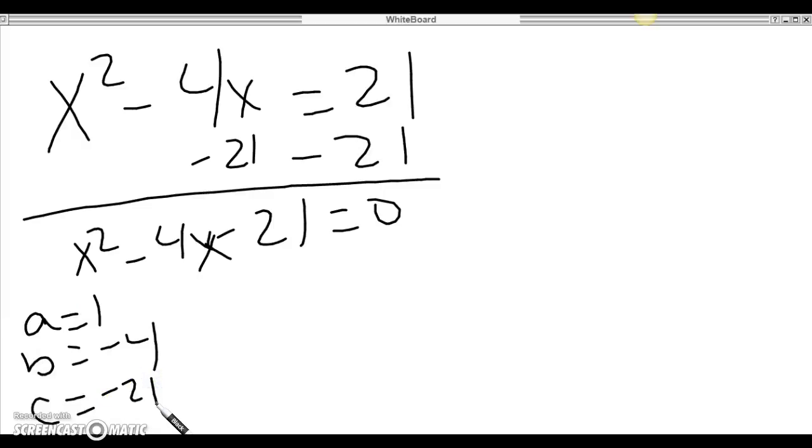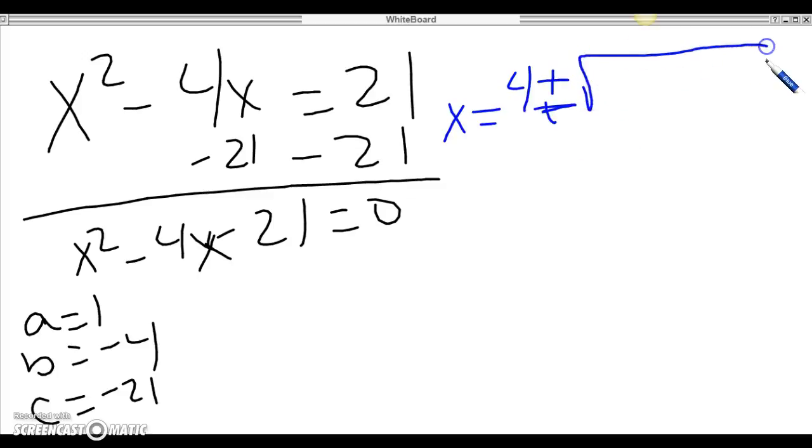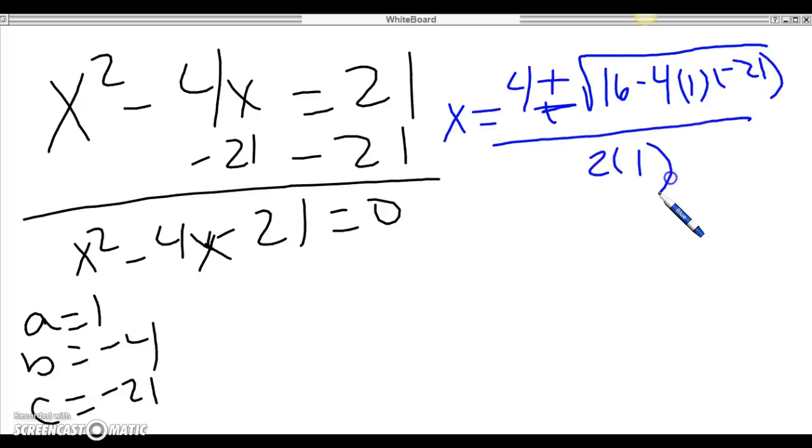I'm going to plug this into my equation. I get x equals negative b, so that's going to be positive 4, plus or minus the square root of b squared, 16, minus 4 times 1 times negative 21, all over 2 times 1.